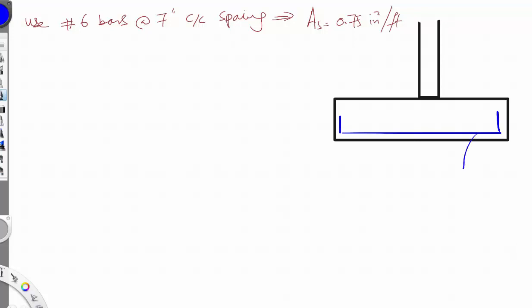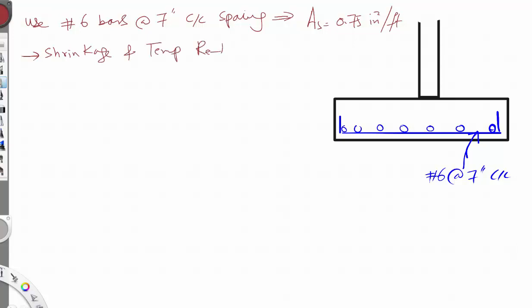So this is number 6 bars at 7 in center to center. Now to design this bar, we set the longitudinal bars and the equation for these bars also. So the secondary, or we call them shrinkage and temperature rebars, are the secondary ones.